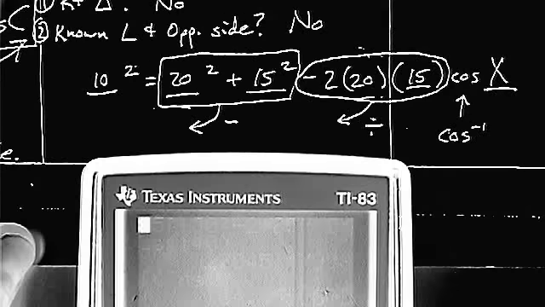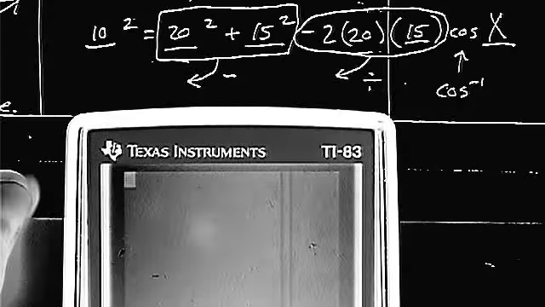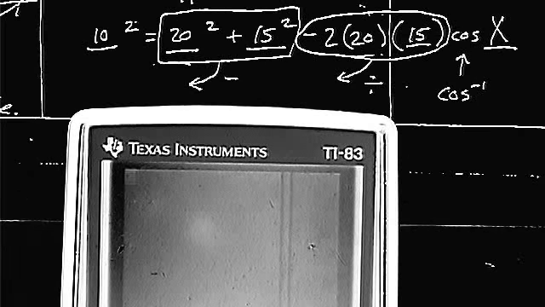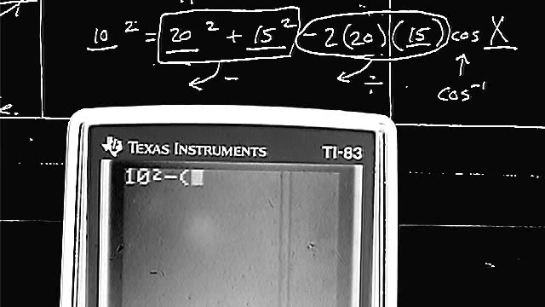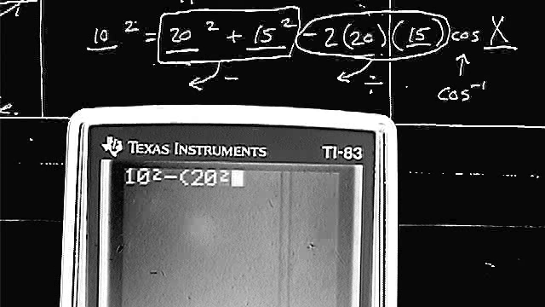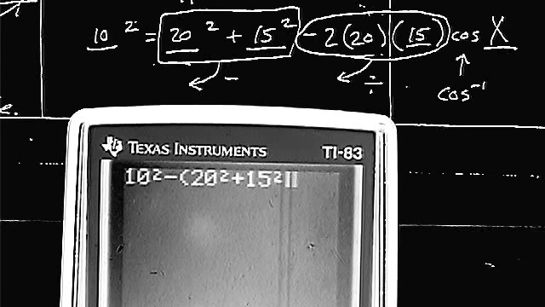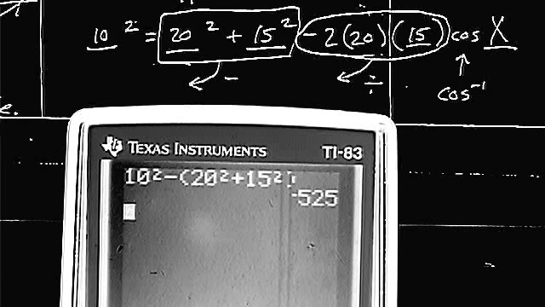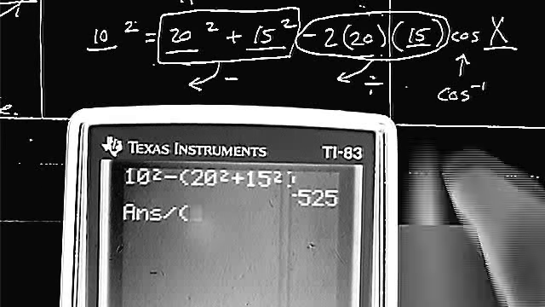Okay, let's show them to you on my calculator. Same way I would do them. 10 squared minus parenthesis 20 squared plus 15 squared. Okay, so I'm going to subtract that whole chunk to the other side. Gives me negative 525. Then I'm going to divide by the next chunk.